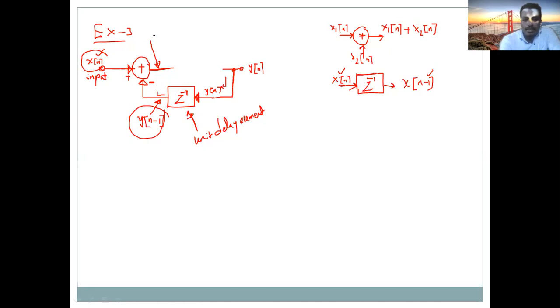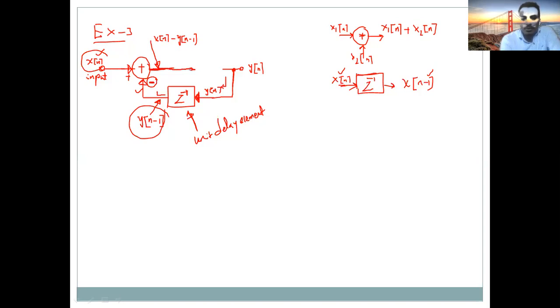So what will be the signal here? x of n, not plus, we use minus. Why? Because here you see it is minus, not plus, negative feedback. What is this signal? This signal is the output delayed by 1. Then this signal comes here.